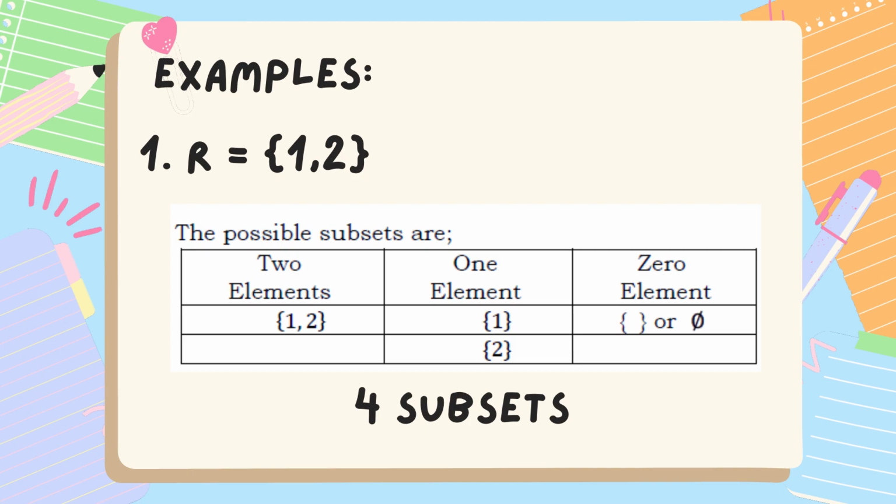Now let us start listing subsets with one element. We write the elements 1 and 2 separately. So that is on the second column as you can see. Lastly, always write an empty set. An empty set is always a subset of any set. All in all, we have 4 subsets.